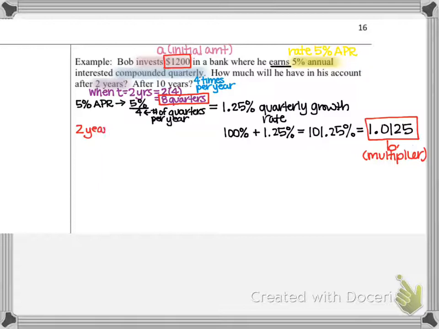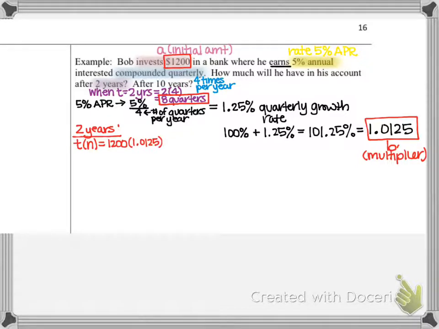All right, so if I do 2 years, I'm going to get T of n equals my original investment, and Bob put in $1,200, times, okay, the quarterly multiplier, which is 1.0125.